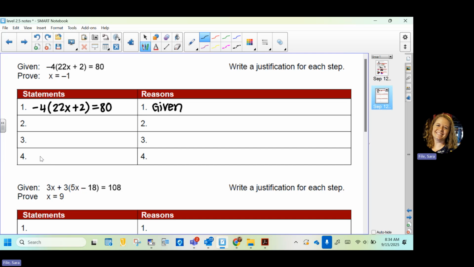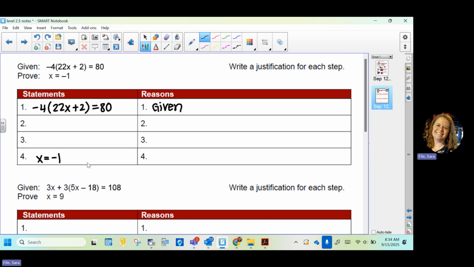What am I trying to prove? X equals -1. That's the end game, right? That's what we're trying to get to. We don't know the reason for it yet, okay? But now let's fill in this middle part and we can fill in our reasons along the way.